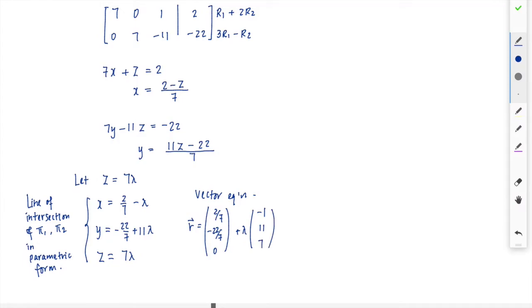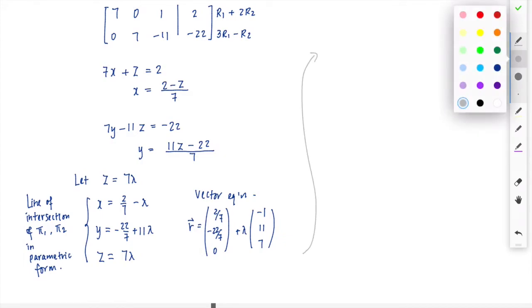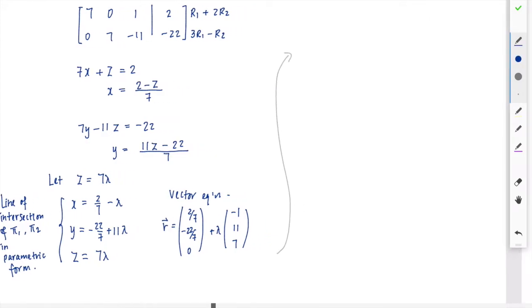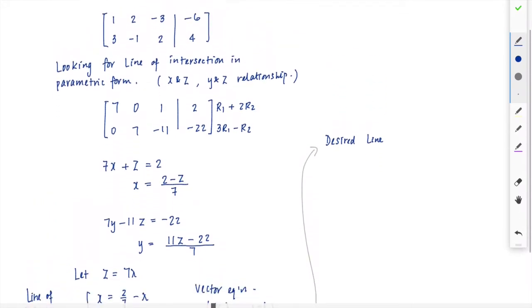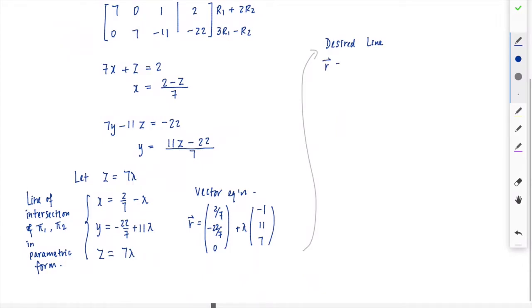Okay, so now we're ready to actually find or state the line that we're looking for. Okay, so the line that we're looking for is now 2, negative 1, 7 plus, let's call its parameter s, negative 1, 11, 7, having the same direction vector as our line of intersection.